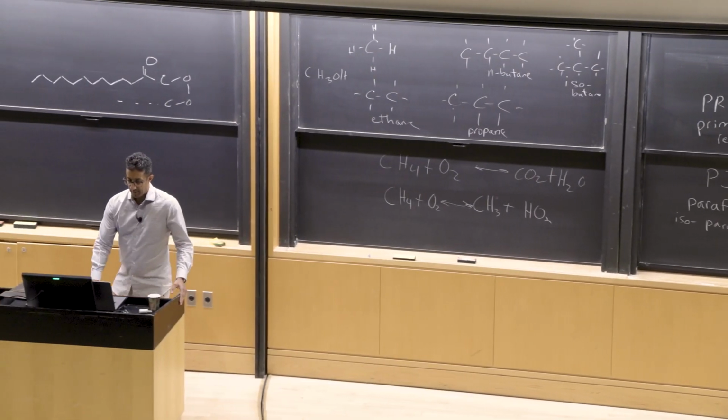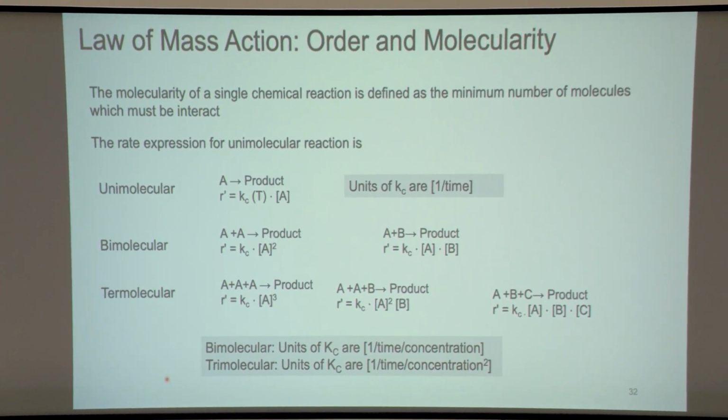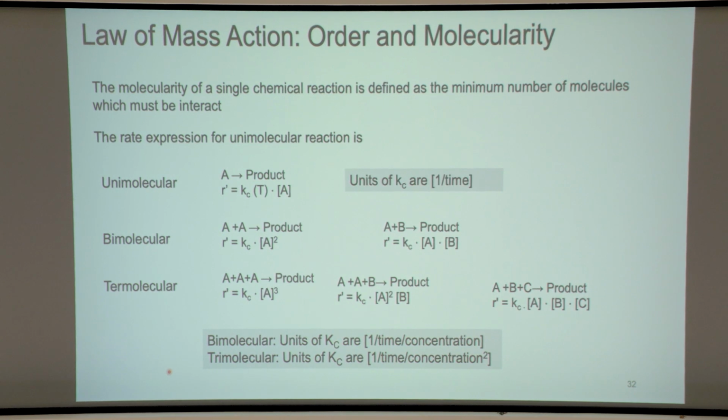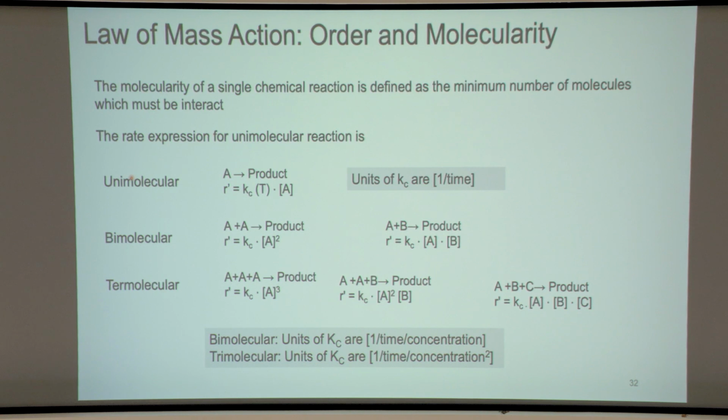That's why you typically don't see termolecular reactions, because three molecules colliding together to make one transition state and products is almost impossible. It's a very unlikely event. Therefore, you don't see termolecular reactions in chemical kinetic models. Elementary reactions are either unimolecular or bimolecular, because that's the only time you'll get a single transition state formed before you get to the products.